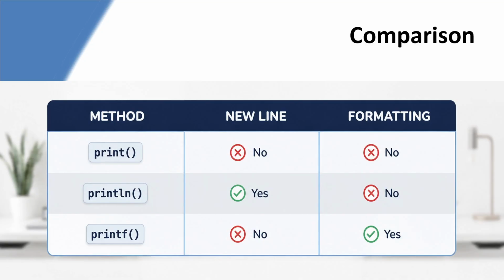The println method automatically adds a new line, and the printf method provides a formatted output but does not add a new line.